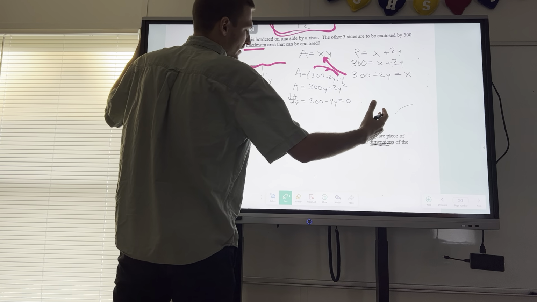And the volume of our box, if we look at this, we're going to be cutting some number. We might be cutting 2 or 3 or 4, and we need a letter for that. And whatever we cut out of the corners is going to be folded up, and it's going to be our height. So this is going to be our height. I'll put a little h there.